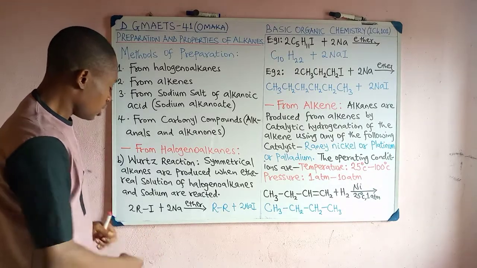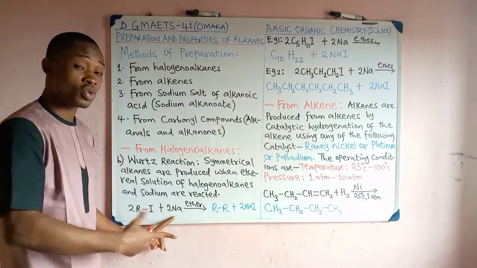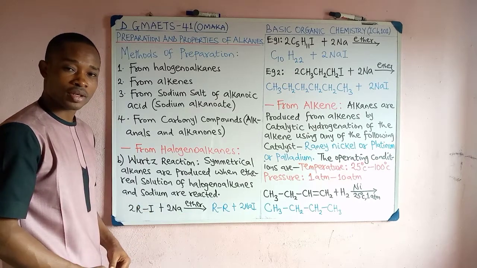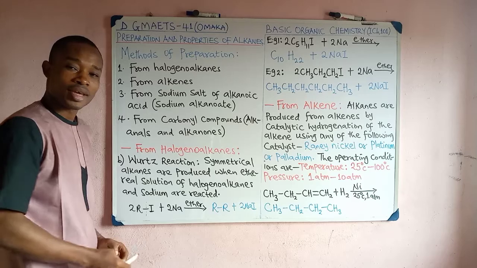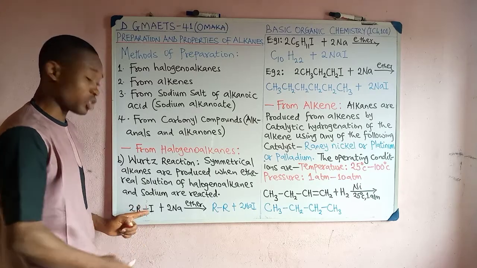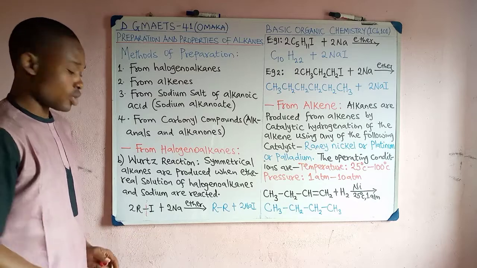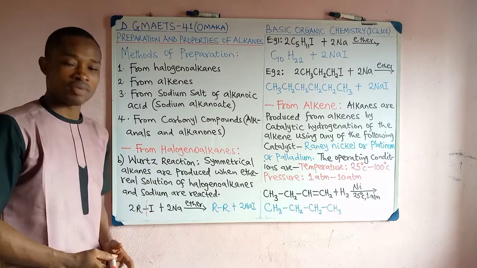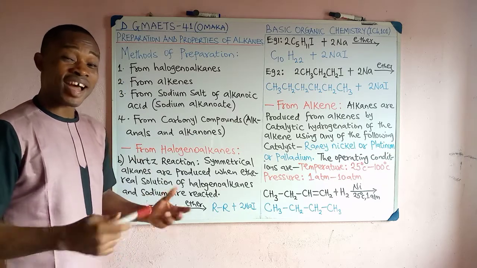Alkyl iodide. So this is our halogenalkane, 2 moles of it reacting with 2 moles of sodium in ether. So what's going to happen? Bond will break at this point. Once the bond breaks here, you know this is the functional group part. This bond line links to this iodine, so this iodine will be released. Sodium will pick the iodine. Remember that sodium is a cation, positive. Iodine is an anion, negative.